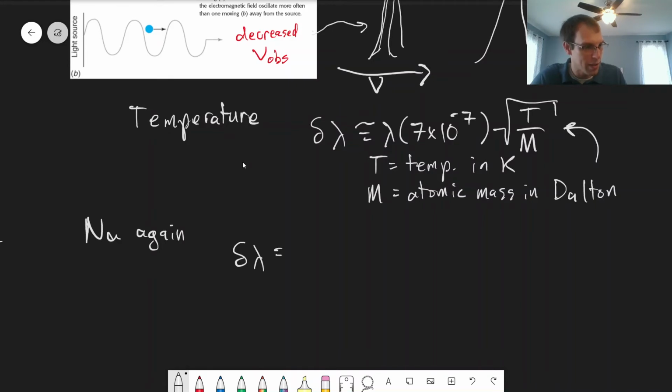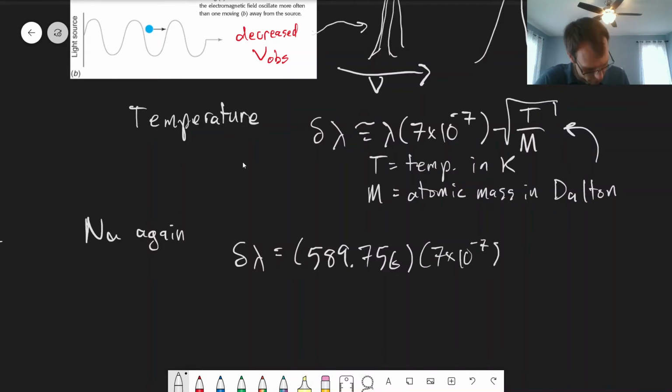Delta lambda is equal to 589.756, which is our wavelength, times our 7 times 10 to the minus 7, times the square root of, let's do a flame here, 2500 Kelvin. We could do this for ICP as well, divided by 23 Dalton.